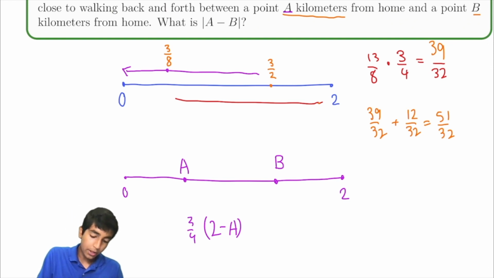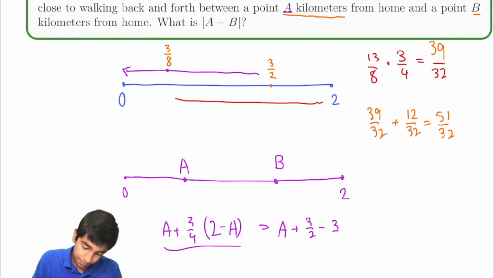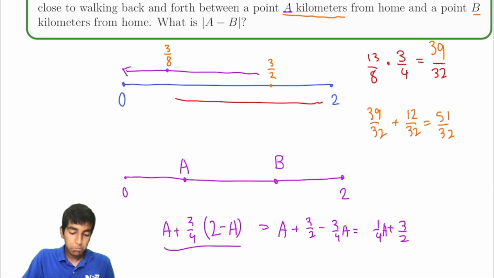So he'll be at this point here, which simplifies to A plus 3/4 of (2 minus A), which is 1/4 A plus 3/2. So 1/4 A plus 3/2, that's what B will be.